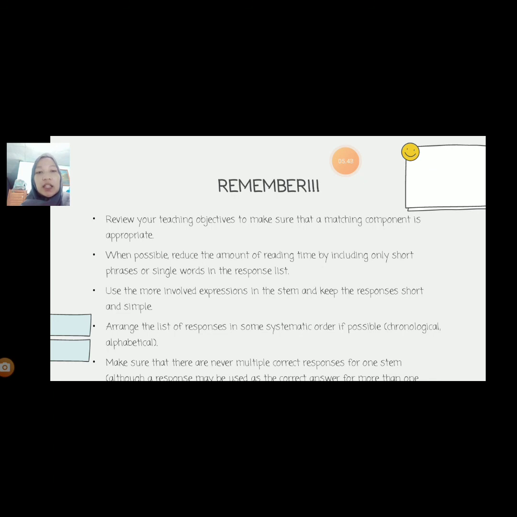Arrange the list of responses in some systematic order, if possible, chronological or alphabetical. And the last, make sure that there are never multiple correct responses for one stem. Responses may be used as the correct answer for more than one.